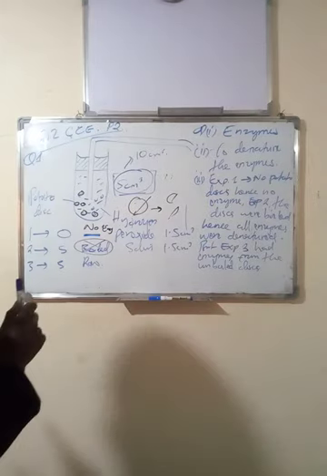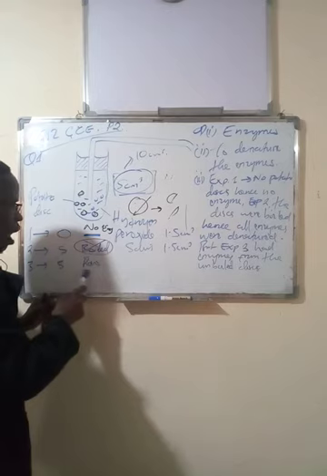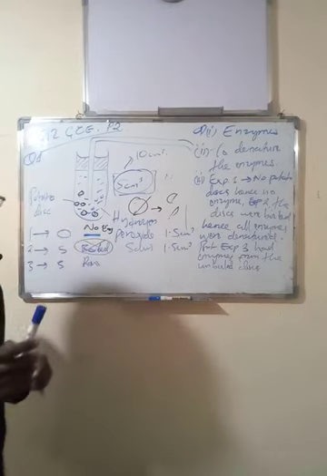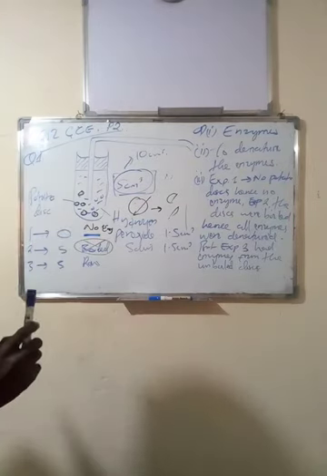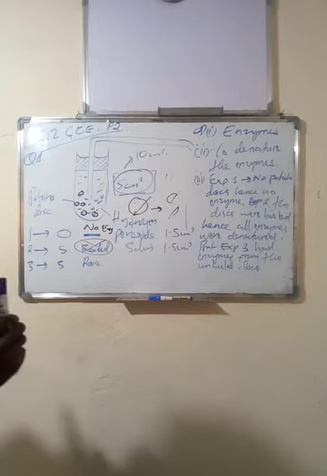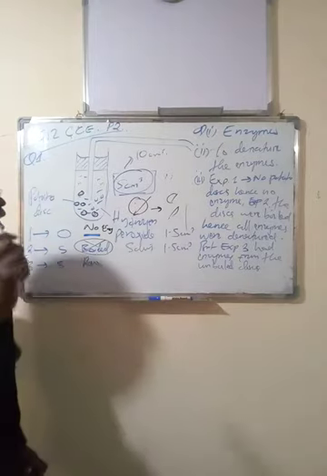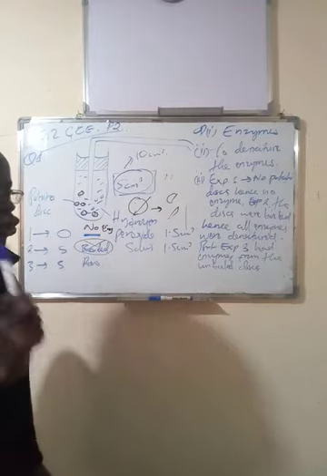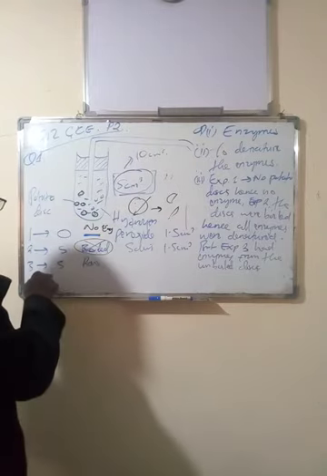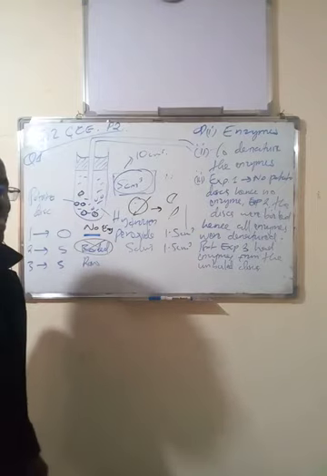And then in the third experiment, where we have raw potato discs, if we increase the number of potato discs, we are going to see that the volume of oxygen produced in experiment 3 is going to increase.